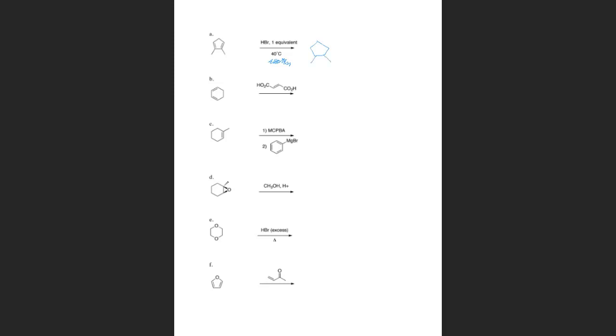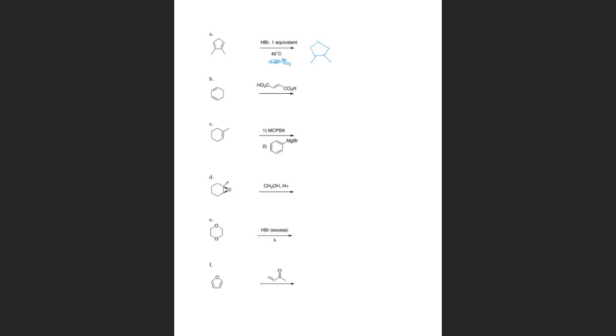Yeah, hv is just heat, or it might just be light. I would double check that. hv is light, but that's usually what it means.